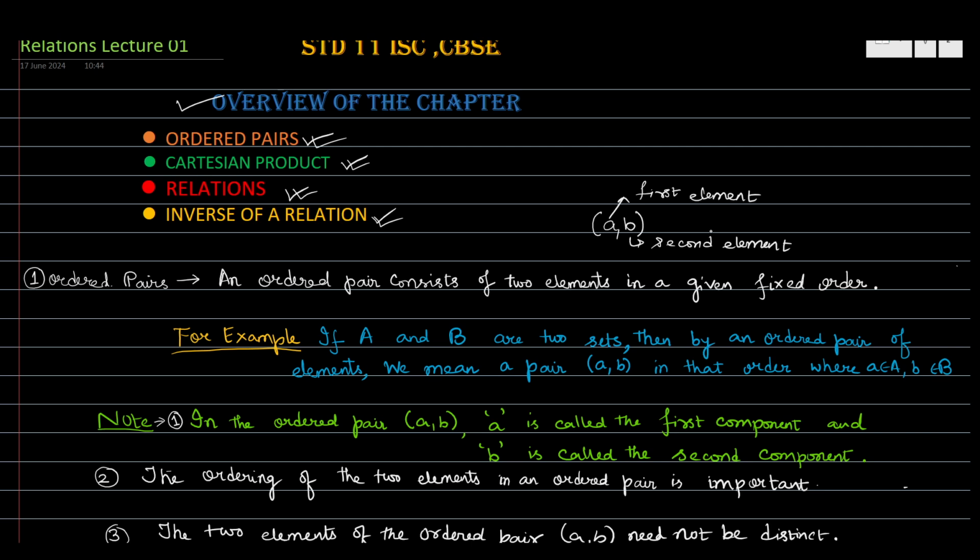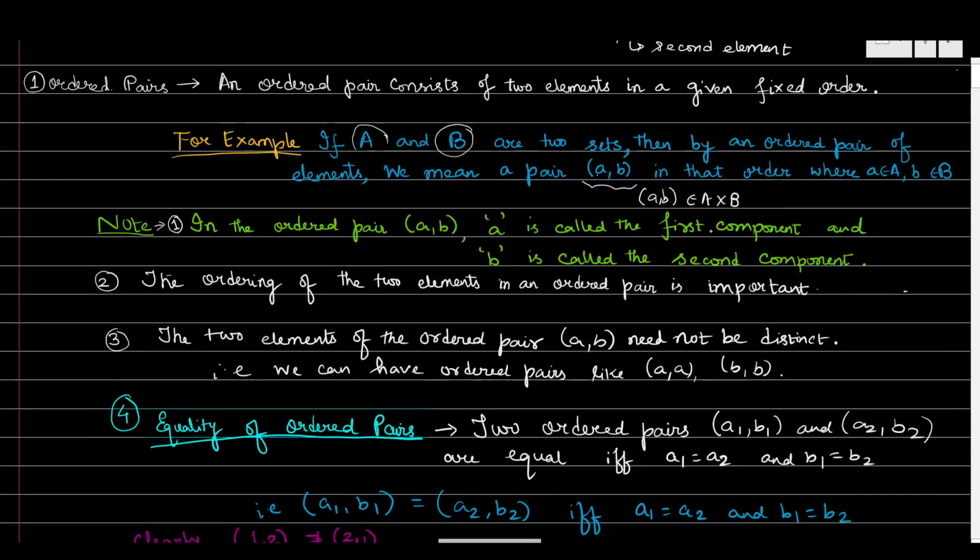For example, if A and B are two sets, then by an ordered pair of elements we mean a pair of the form A comma B in that order, where the first element A belongs to the first set A and the second element B belongs to the second set B. That is, A comma B belongs to A cross B. Next, in the ordered pair A comma B, A is called the first component and B is called the second component.